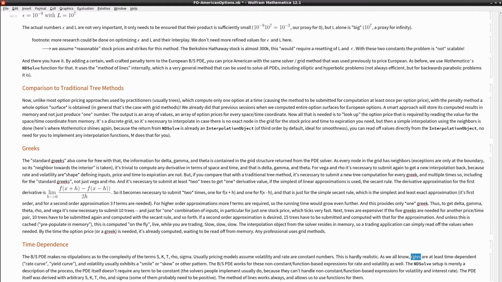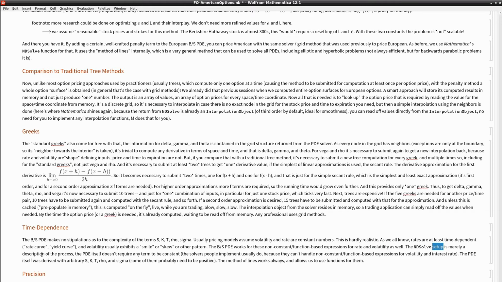As we all know, rates are at least time dependent. They're called rate curve or yield curve, and volatility usually exhibits a smile or a skew or other pattern. Those are the two most frequent ones. Sometimes you get the opposite of a smile, you get a frown, but that is rare and usually indicates mispricing.